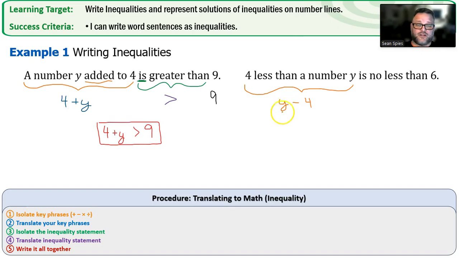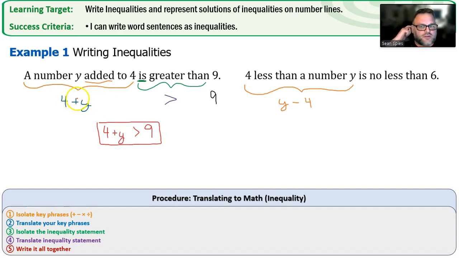Now, once we've translated to y minus 4, we hopefully remember the rule that tells us it actually matters this time. Before, it's not as important, but we want to practice it for those times where it is. Before, 4 plus y is the same thing as y plus 4. In mathematics, they mean the exact same thing. They're not similar, they're exactly the same.